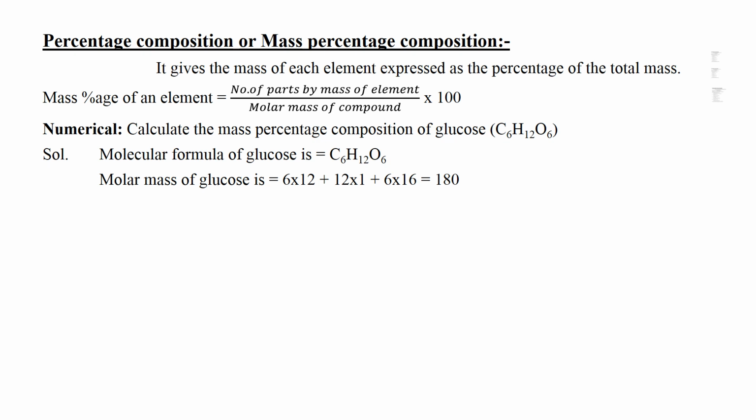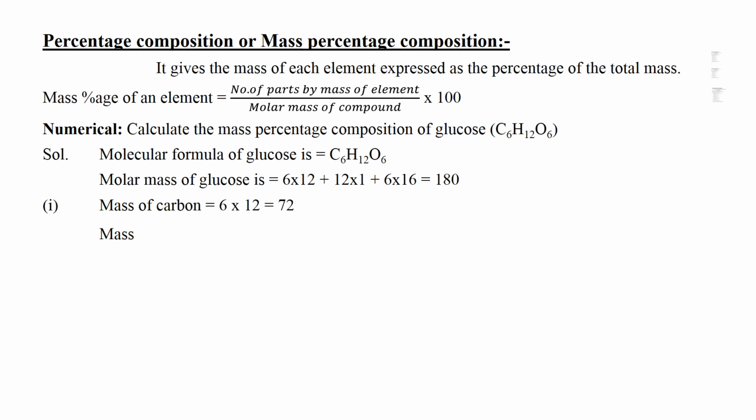In the first case, the mass of carbon in a glucose molecule is 6 into 12, because there are 6 carbon atoms in a glucose molecule and each carbon atom has atomic mass 12 AMU. So it becomes 72.